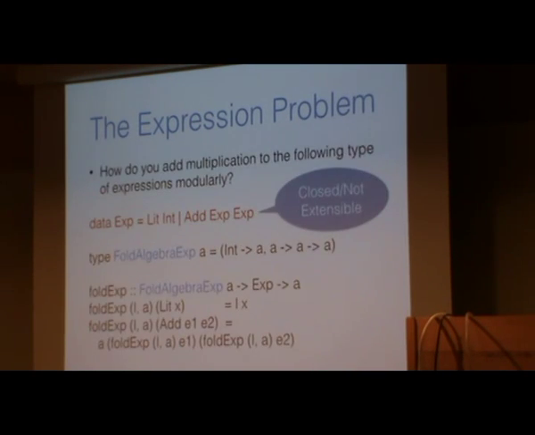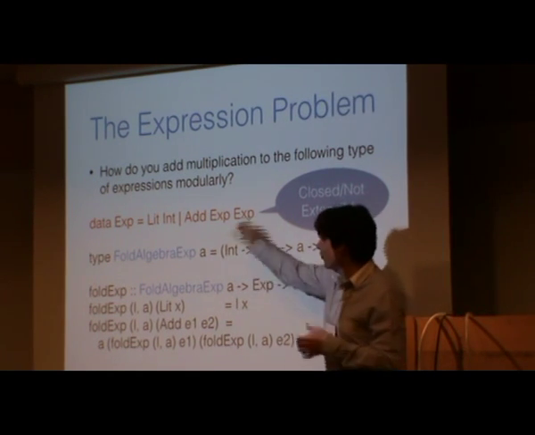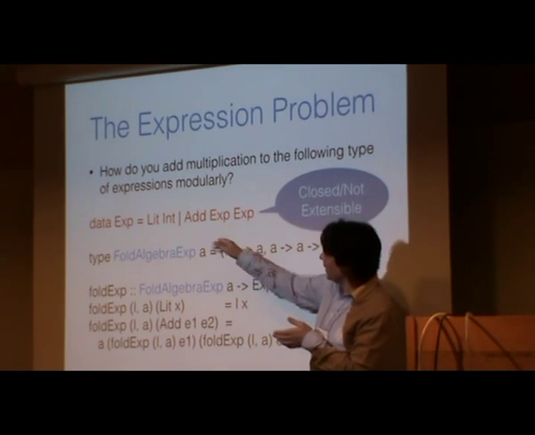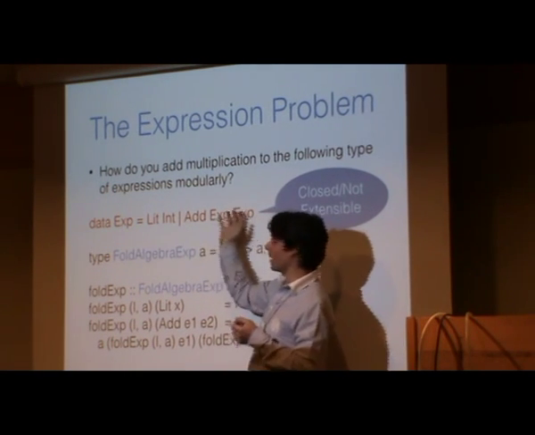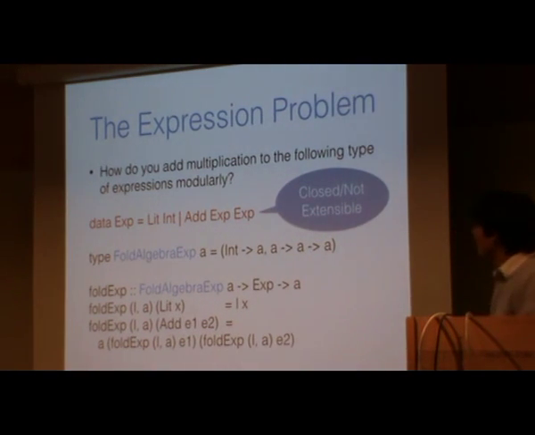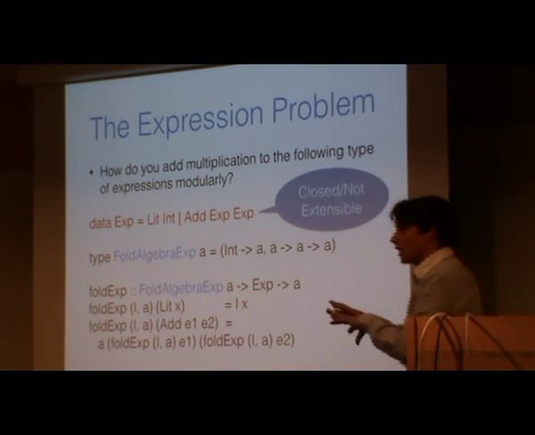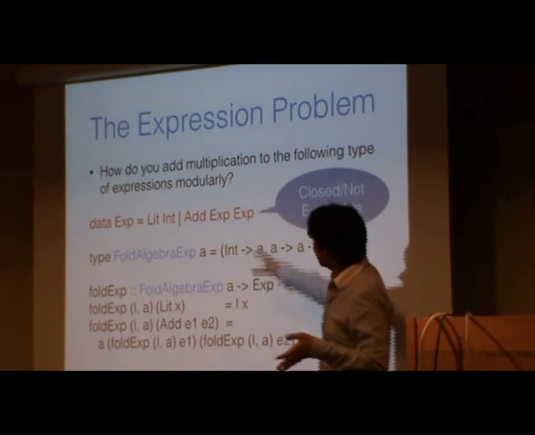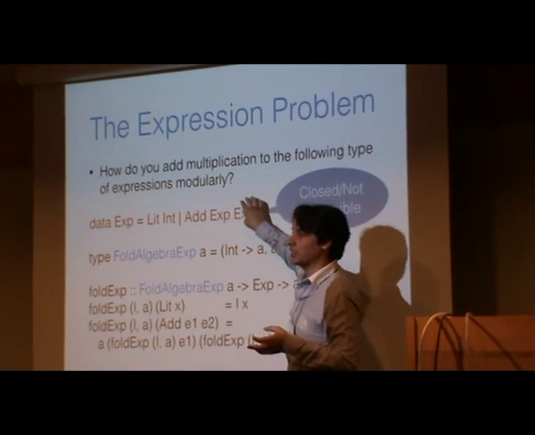So just to give you a quick review of the expression problem, the idea is simply that, let's say that if you are using Haskell and you have a data type for expressions like this one, so you have binary expressions, maybe you have literals and binary nodes of expressions. A problem with algebraic data types is that you cannot simply go and extend this data type without coming and changing this definition.